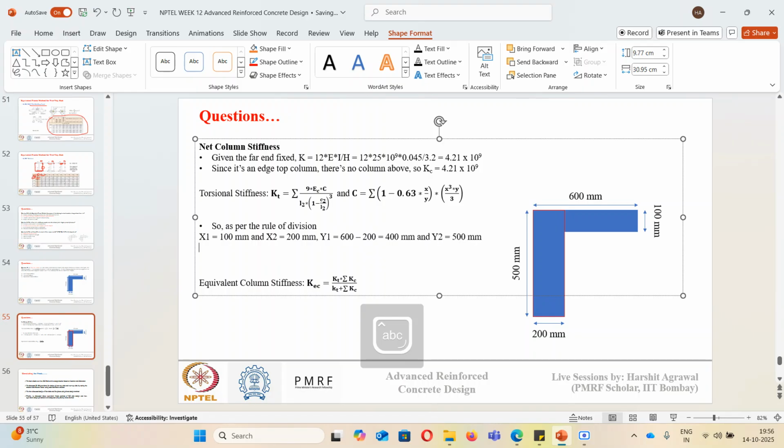When you do the calculation, you will substitute the values of x and y here.